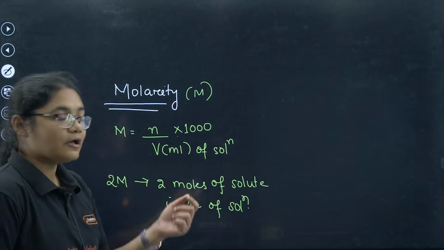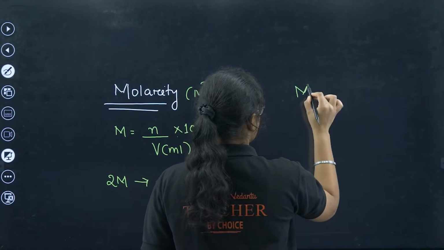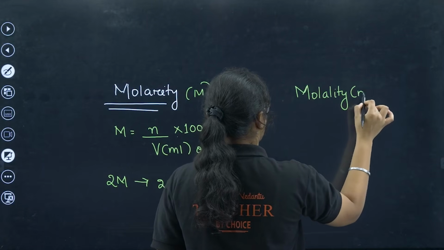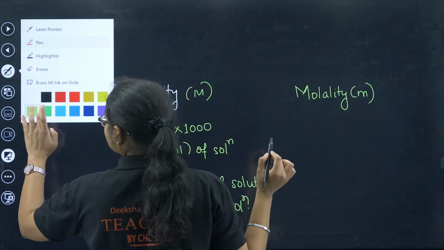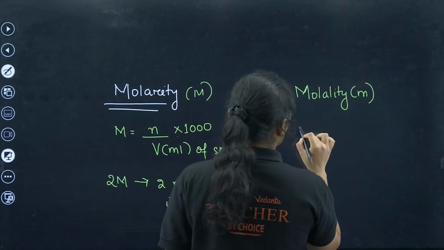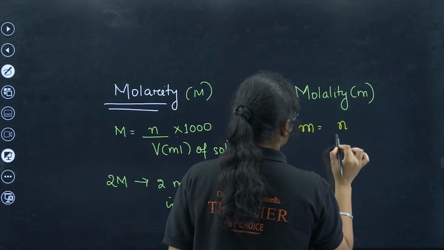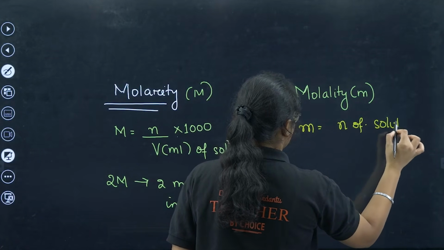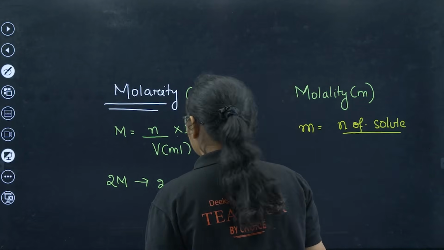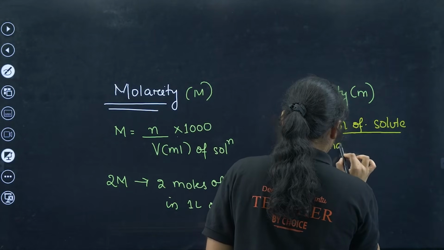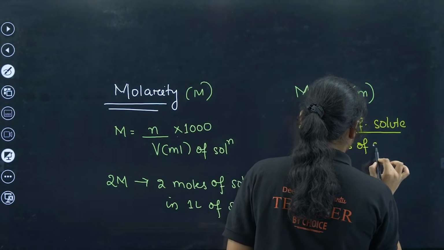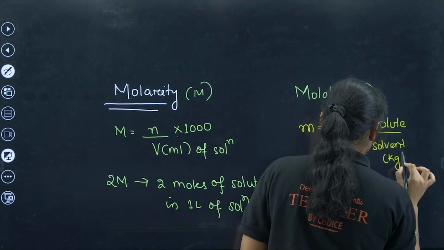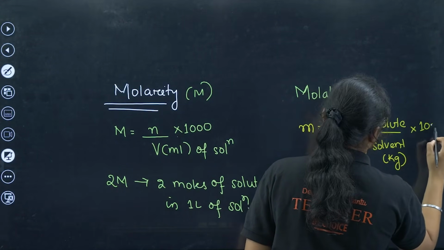Now similarly we have molality also. Molality is denoted with small m. Now what is its formula? Molality is equal to number of moles of solute by mass of solvent in kg, into 1000.